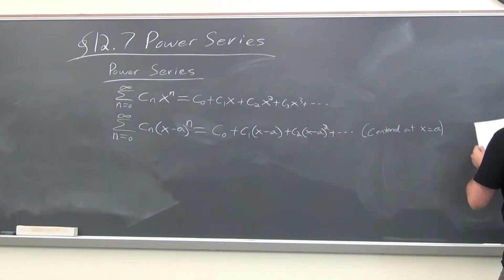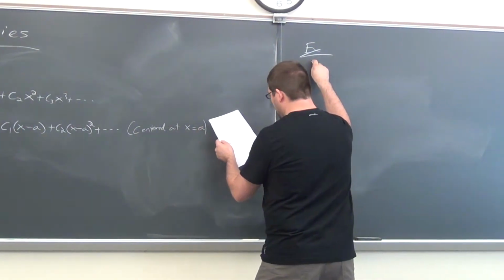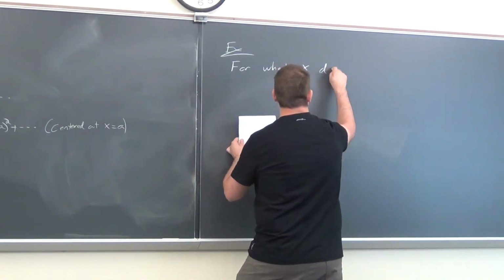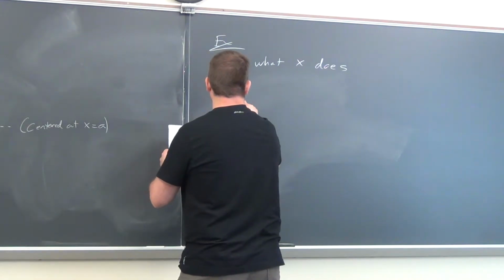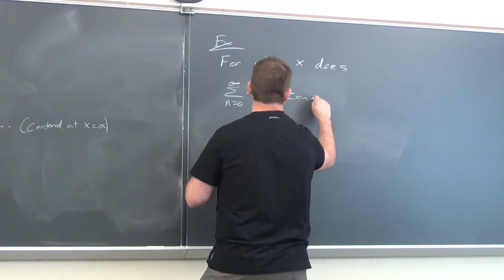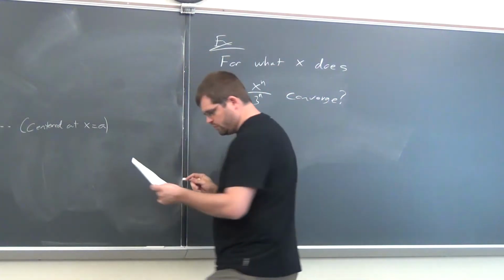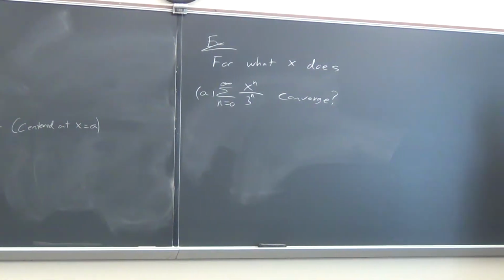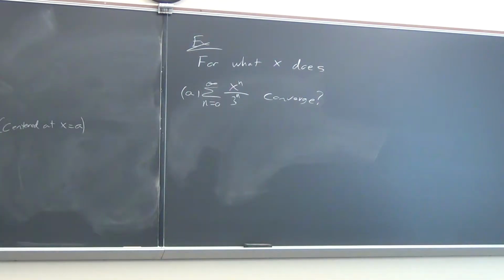So we can already do a bunch of stuff with this just using things we've done before. Let me give you an example, and then we'll define some stuff in a minute. For what x does this power series converge: the sum of x to the n over 3 to the n.